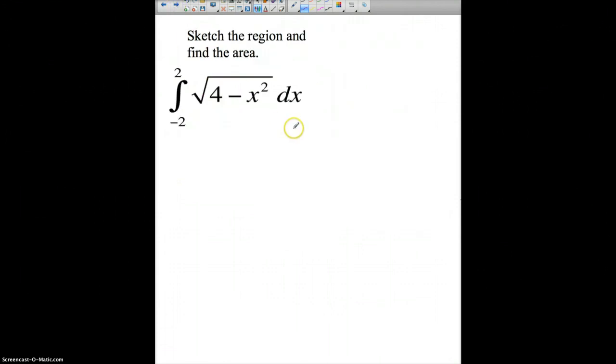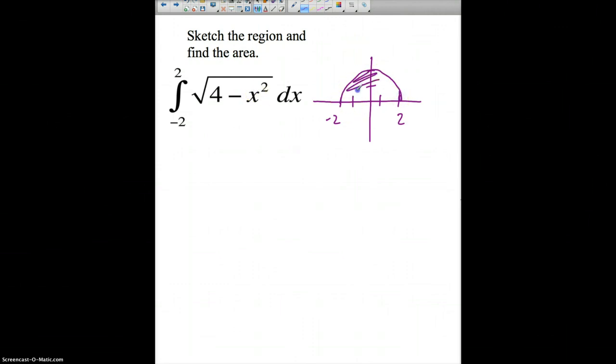If you want to sketch the region and find the area here, that region is a semicircle with a radius of 2. So it's going to be just the positive part of the circle, because it's only a positive square root, from -2 to 2.